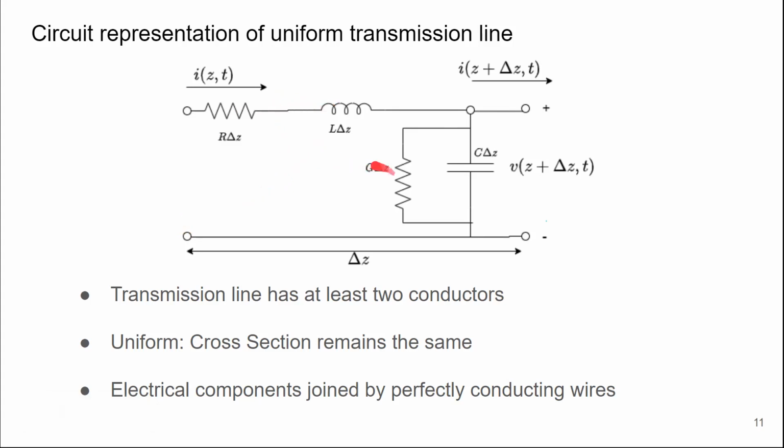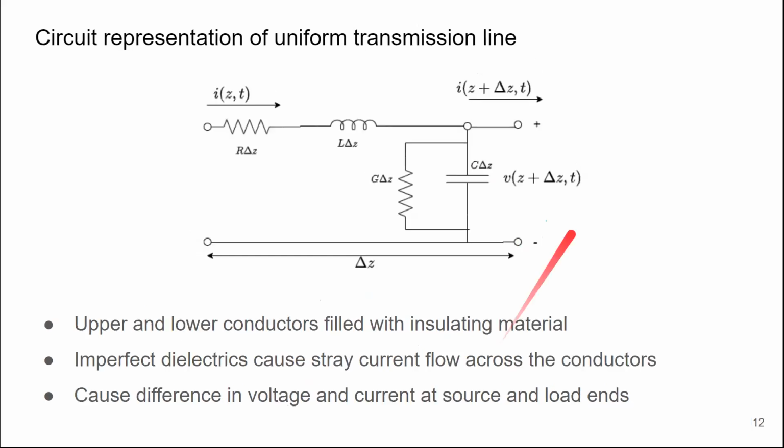That means once we have represented the transmission line like this circuit, the total resistance in between these components is almost zero. All the resistance is lumped into these circuit components, right? Likewise, these wires which are connecting the components are known as perfectly conducting wires.